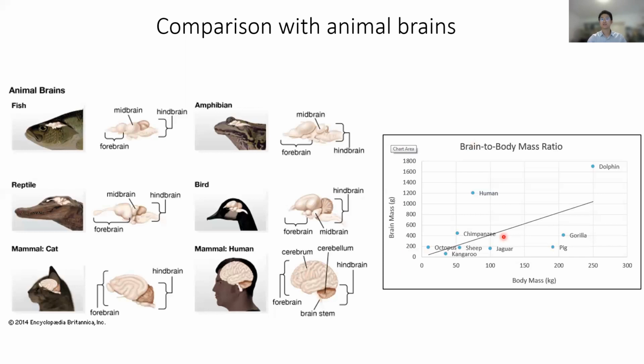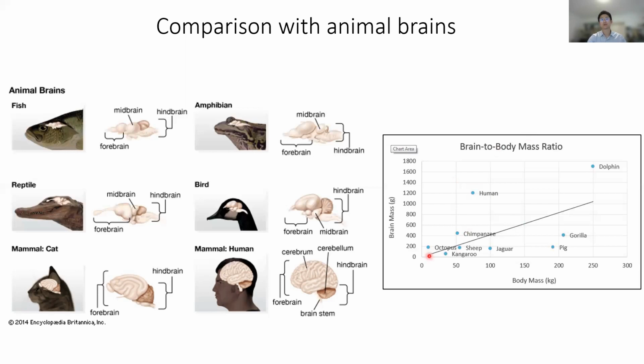And here is another plot comparing across species. We plot the body mass and the brain mass. In one plot, we see for different species, some have a very low level. So we consider this slope. If we consider the slope, some species like sheep or pig have a very low ratio of brain to body mass, while for other species, particularly human, if we calculate the slope, human has the largest ratio of brain to body mass.